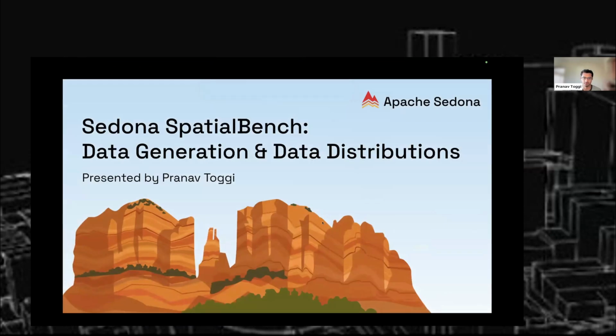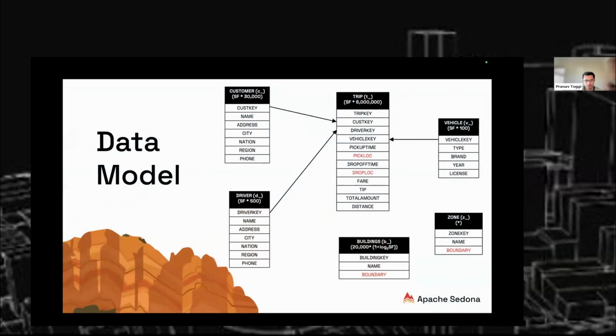I'd like to briefly talk about the data generation and the data distributions that SpatialBench offers. Before that, I'd like to briefly touch on the design of the data model for SpatialBench. It consists of a total of 6 tables, the trip table being the fact table, and the remaining tables are dimension tables.